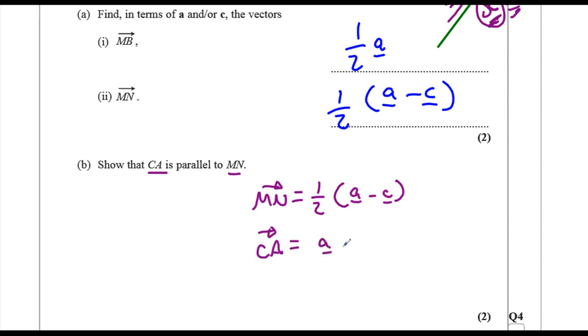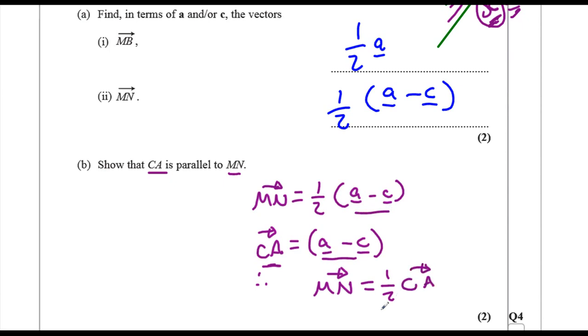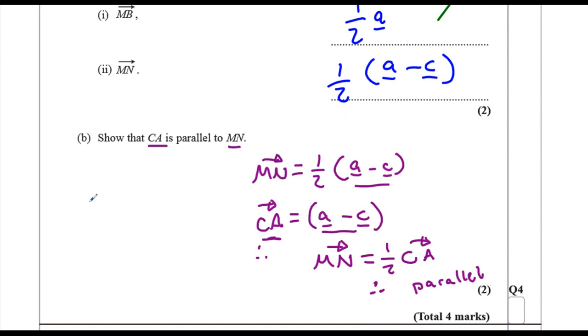Or A minus C. Therefore MN equals a half times this, that's A minus C, times by CA, therefore parallel. Simple as that, because what I told you about, if you can have a number times it to give another vector, they're both parallel to each other.